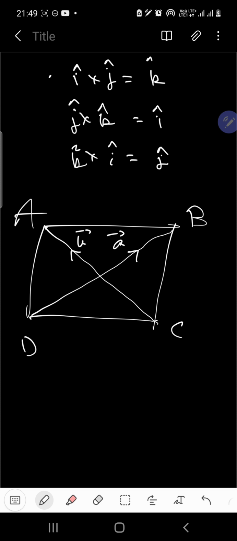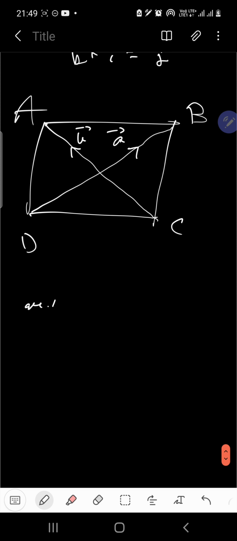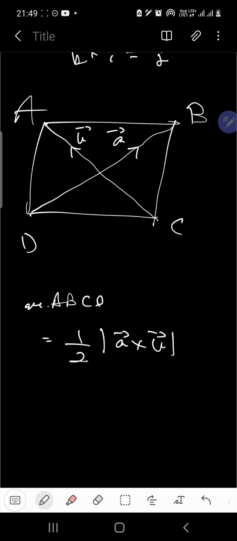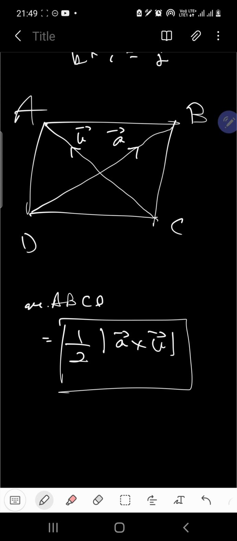Then the area of the parallelogram ABCD is given as half mod of A cross B.